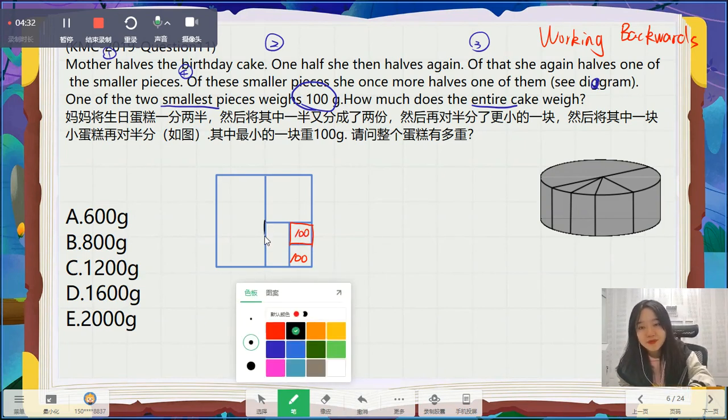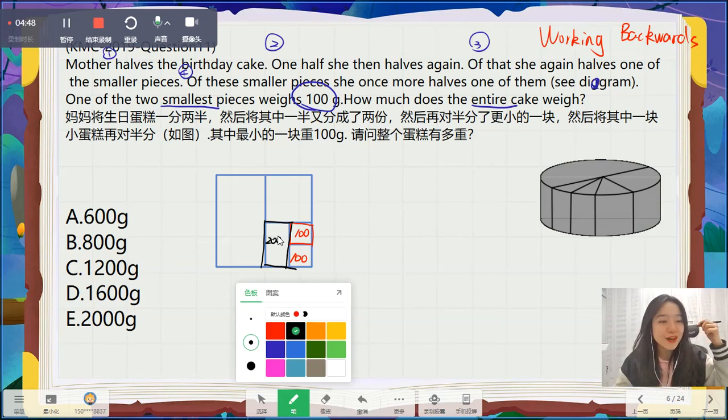Now let's continue. How about the black rectangle? It's just the half of the small square, right? And it should be equal to the right rectangle. So it's 200. 100 plus 100, or 100 times 2. Let's continue.